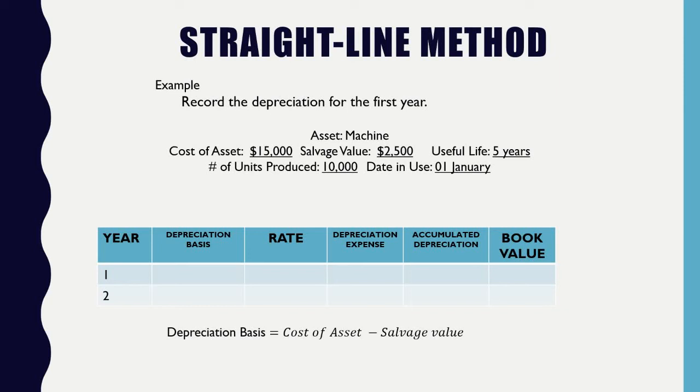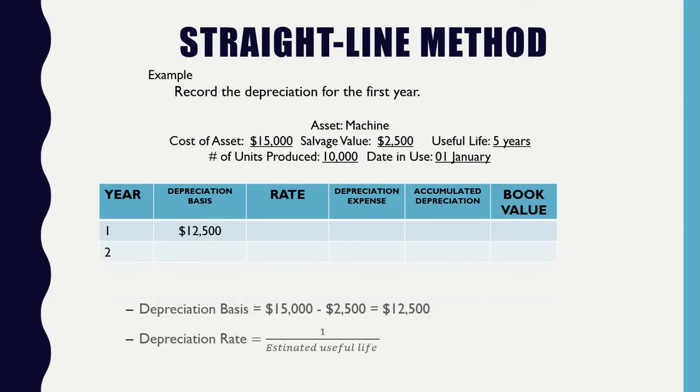So, depreciation basis is your asset cost minus salvage value. In this case, 15,000 minus 2,500, and you're going to get 12,500. The depreciation rate is going to be 1 over the estimated useful life.